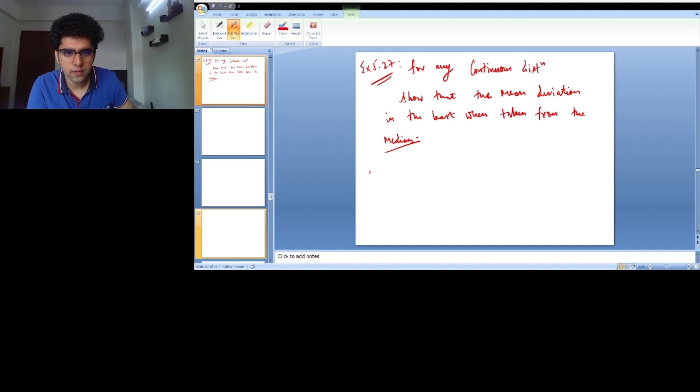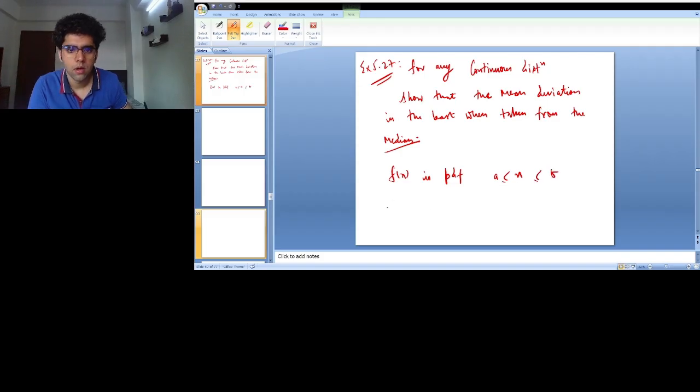So for solving this, I'm going to take a function M_A. So f(x) is my PDF, where my x lies between any two values a and b.